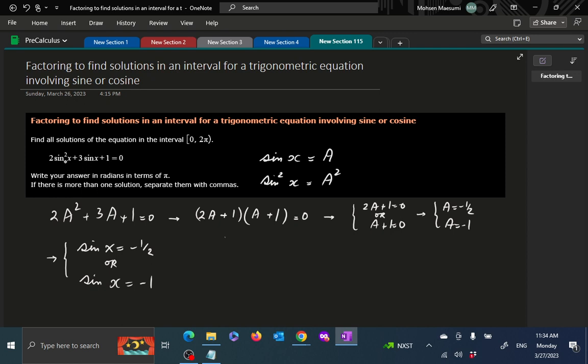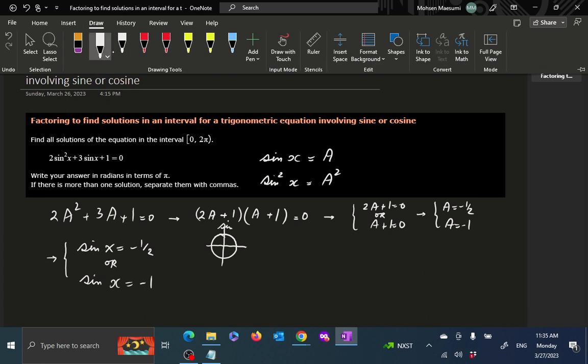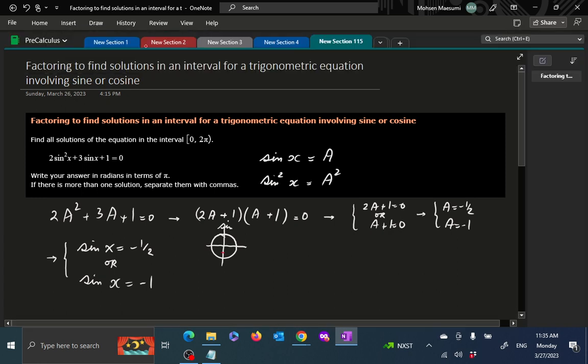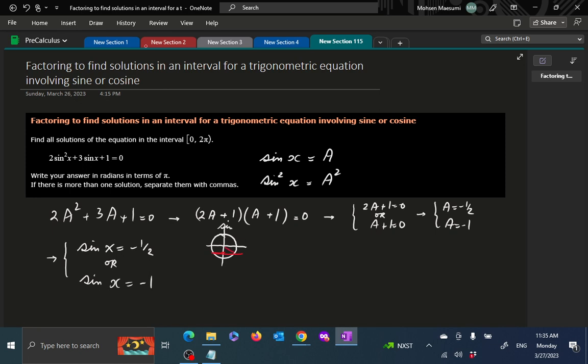So sine of x is equal to minus 1/2. Let's see if we can quickly refresh our memory. This was the sine axis. We find out where minus 1/2 is on that. We draw a horizontal line, and these are the two angles.